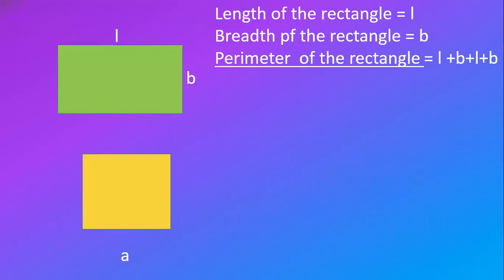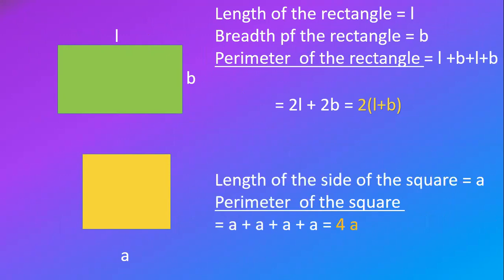In the case of a rectangle of length L and breadth B, the perimeter of the rectangle is given by 2 into (L plus B). Similarly, in the case of a square of side A, the perimeter of the square is 4A.